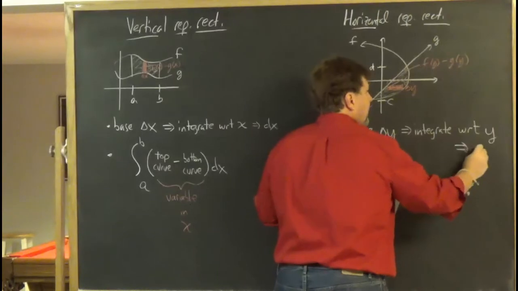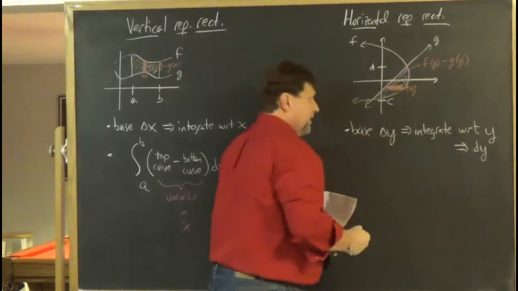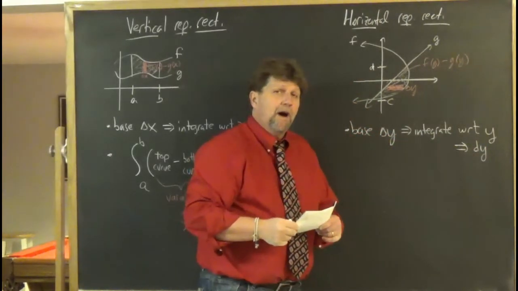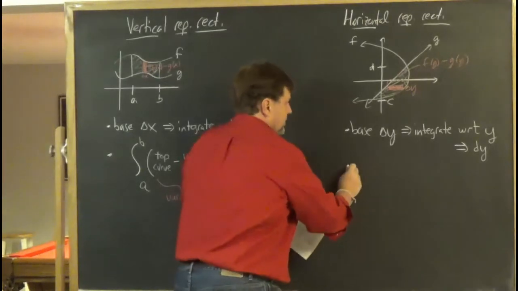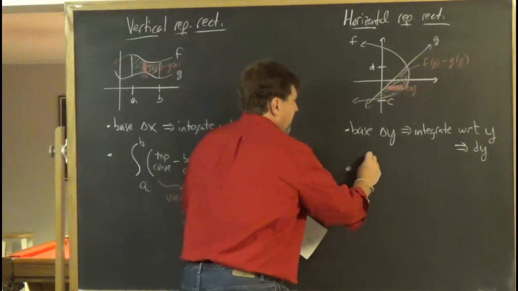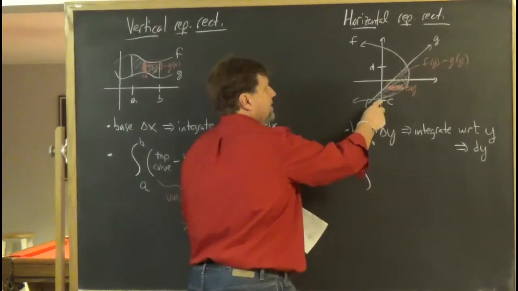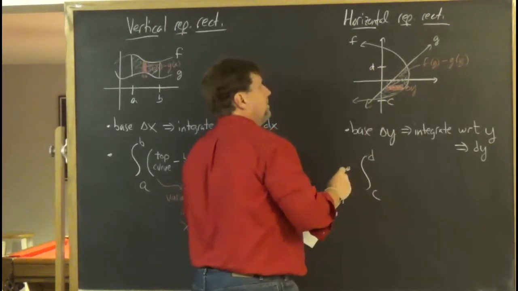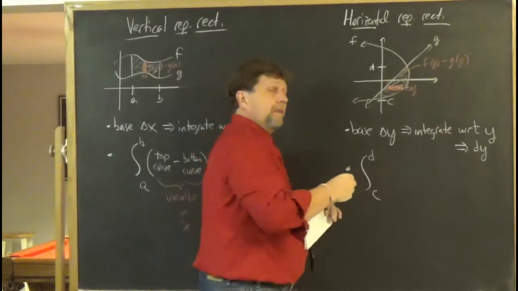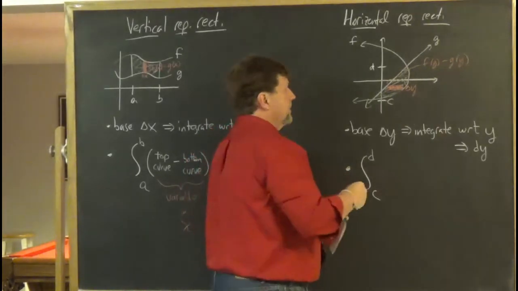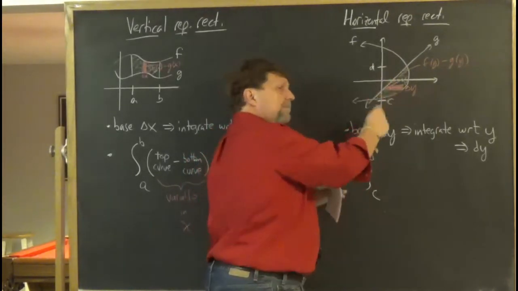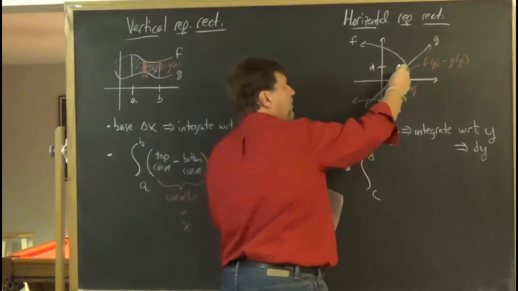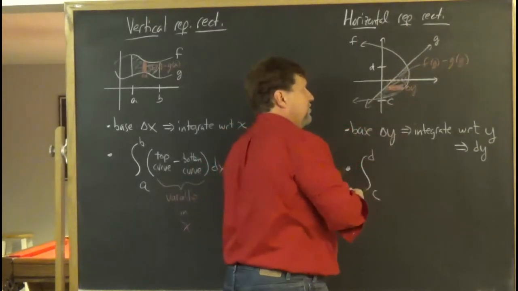If you're integrating with respect to y, the definite integral better have a dy. To find the area, the limits of integration would be c to d. Notice those are y values. For this picture that I've drawn here, it would be f of y minus g of y.